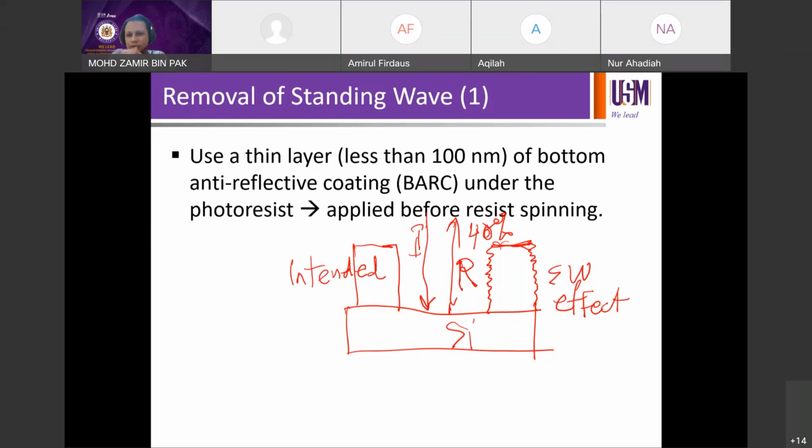Okay, Go, come on. Why 40%, Go? Why is there such a high reflection from silicon? Before we discuss the solution, why is it so? Understanding the problem, defining the problem. Go, why is it 40%?